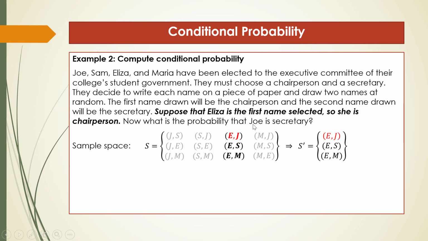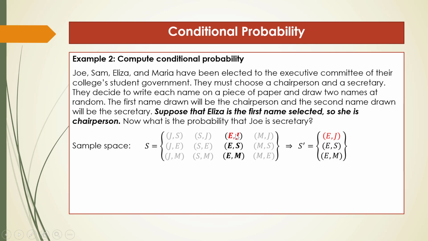In this case, when we look at the 12 possible outcomes, only the 3 outcomes in the third column right here are possible, because one more piece of information was given, that Eliza is the first name selected. So only the outcomes with the letter E at the first position are possible.